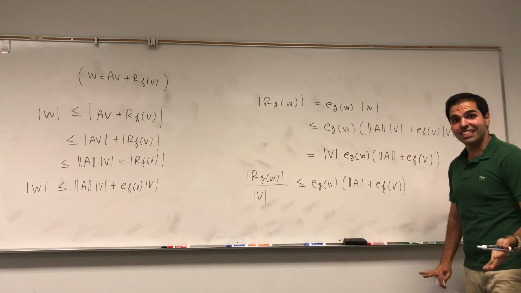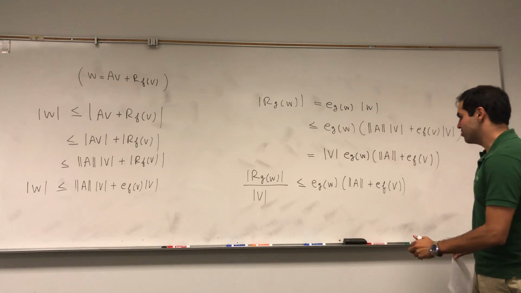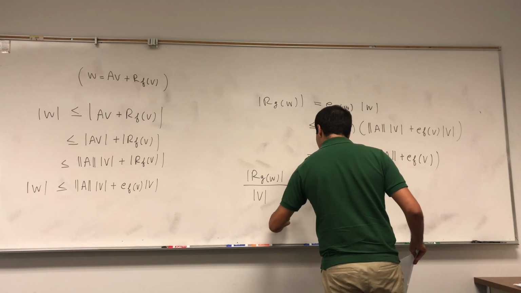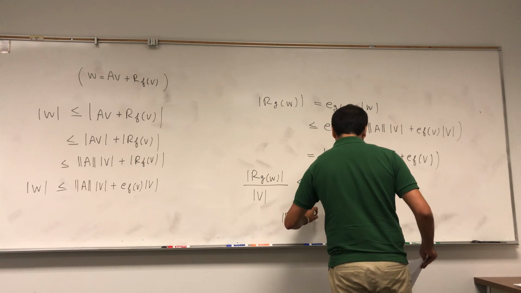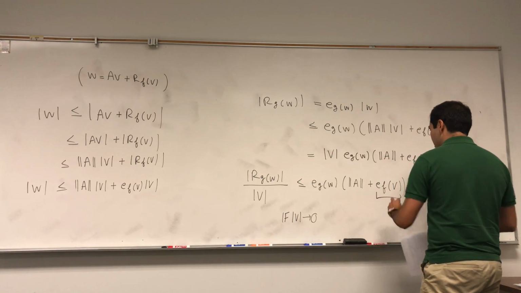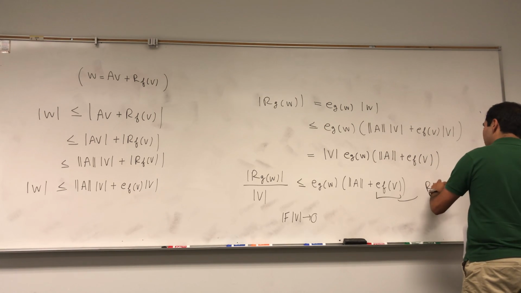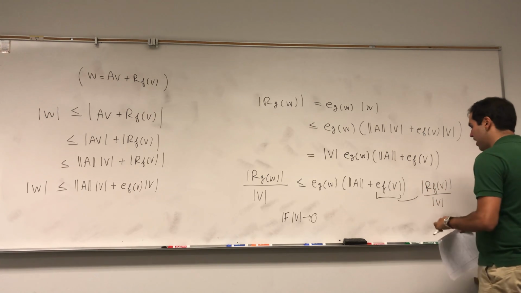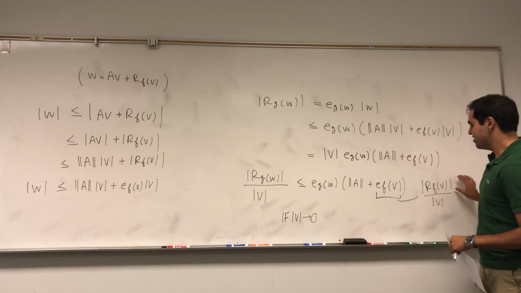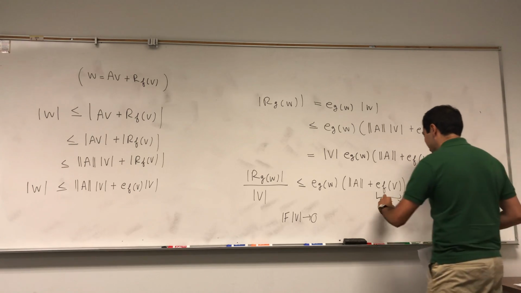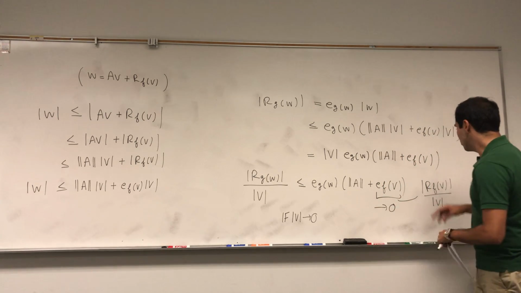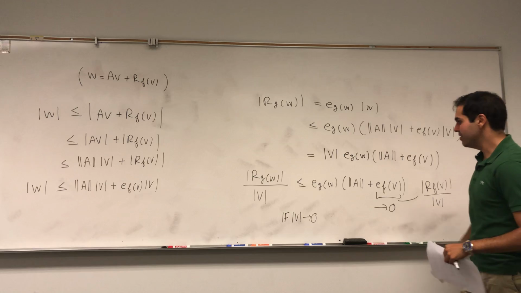And now the question is, what happens as v goes to 0? First of all, remember what Ef of v was. That was essentially Rf of v divided by the length of v, and because f is differentiable, this has to go to 0. It's just the remainder of f with respect to v.